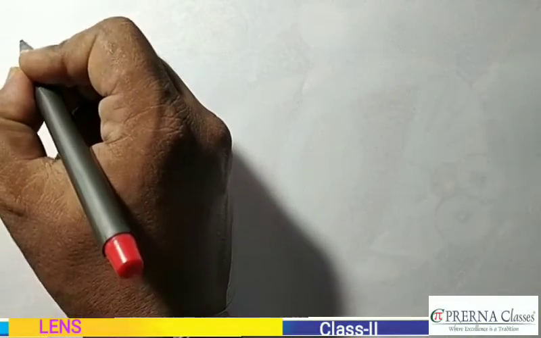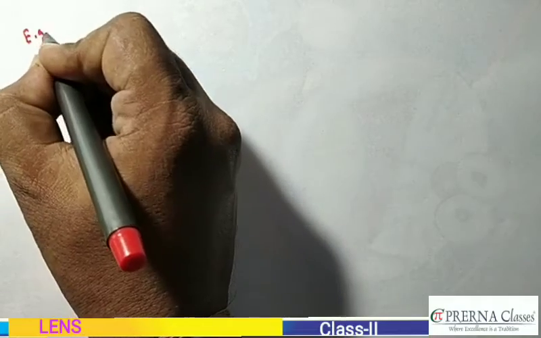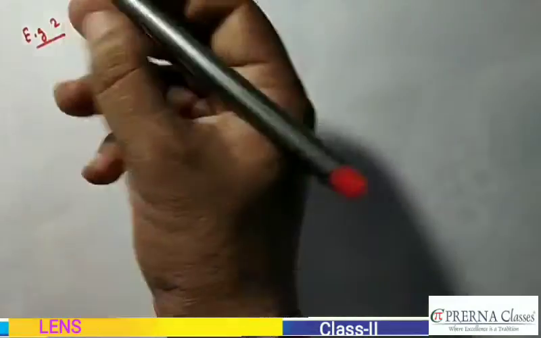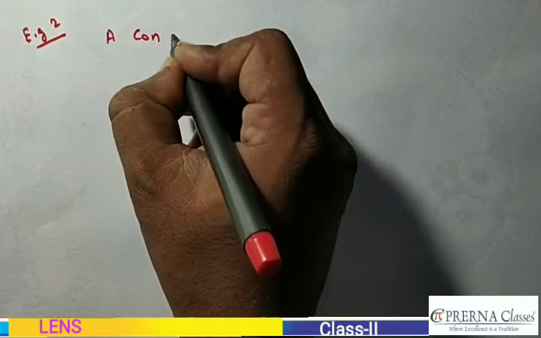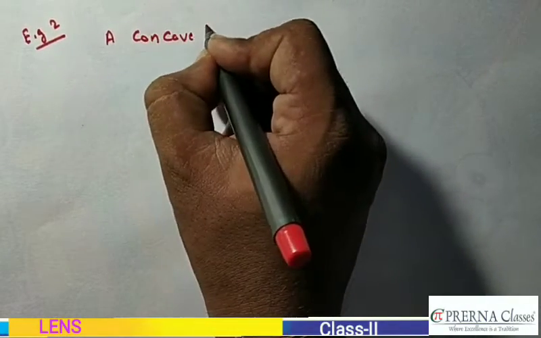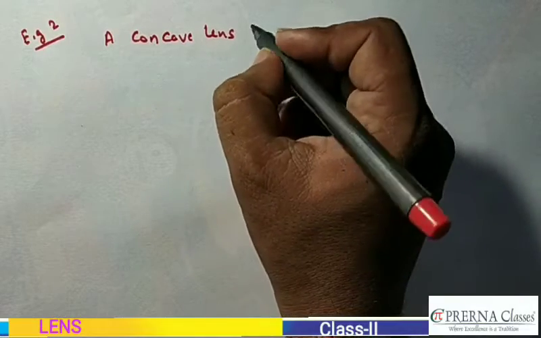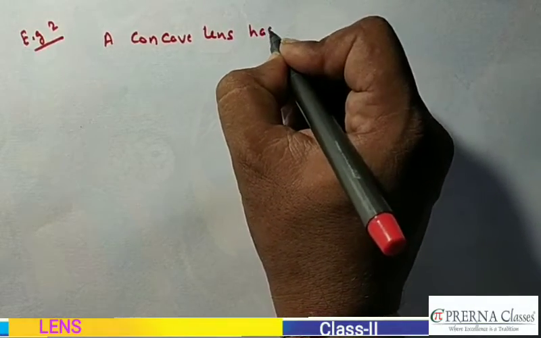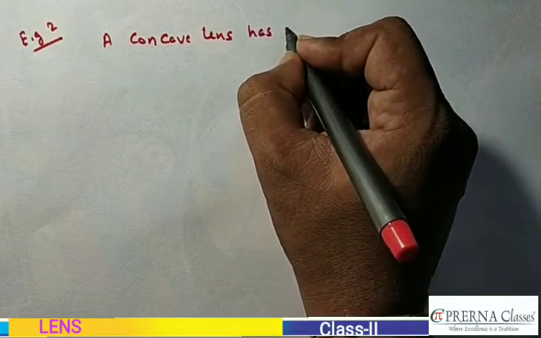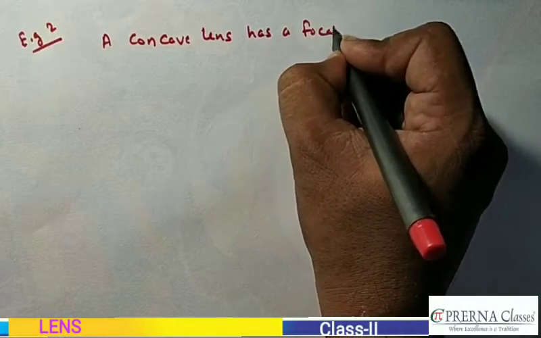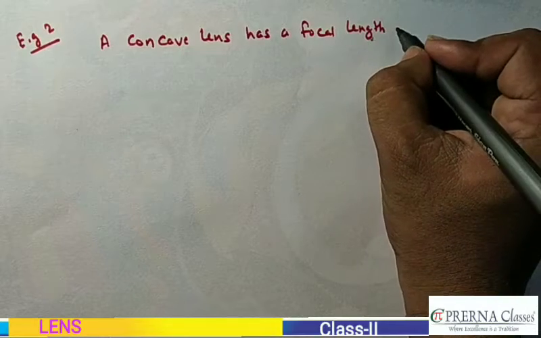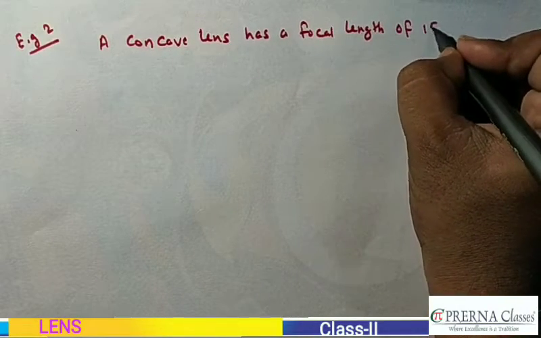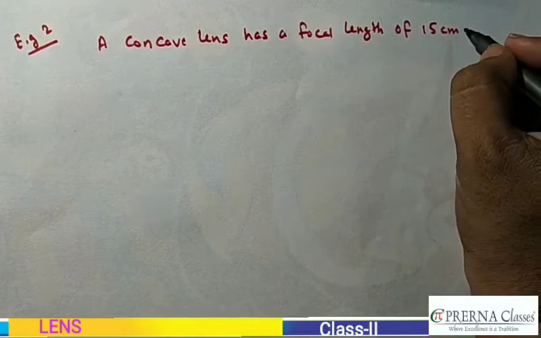Let us take one more example. A concave lens has a focal length of 15 centimeter.